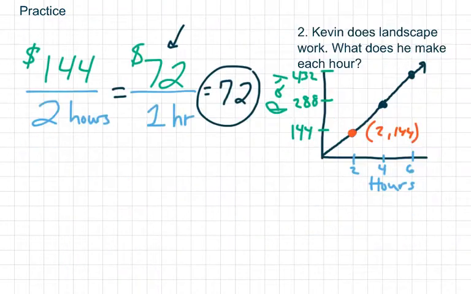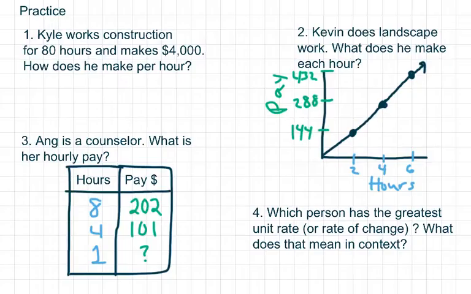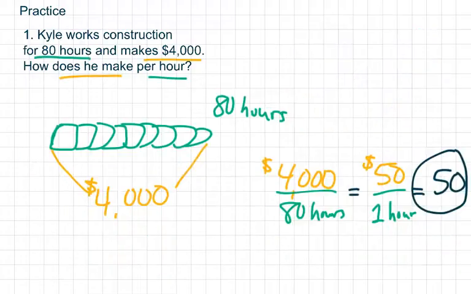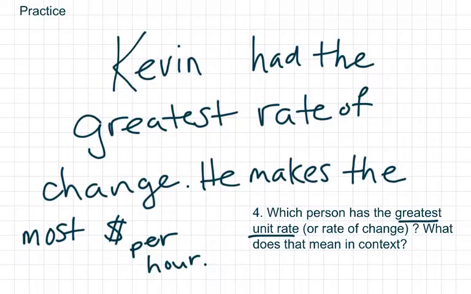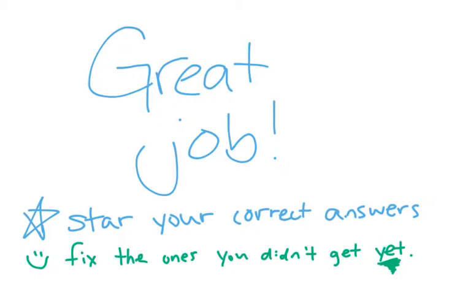So if we just look here, it's really hard to tell who makes the most money because it's not in a unit rate. But we use unit rate to compare. So now that we've found that they're all per 1 hour, we can compare them really easily. That's why we use unit rate. So really great job. Go ahead and star the ones you got correct on your paper, and then fix the ones that you didn't get yet to make sure you understand them.